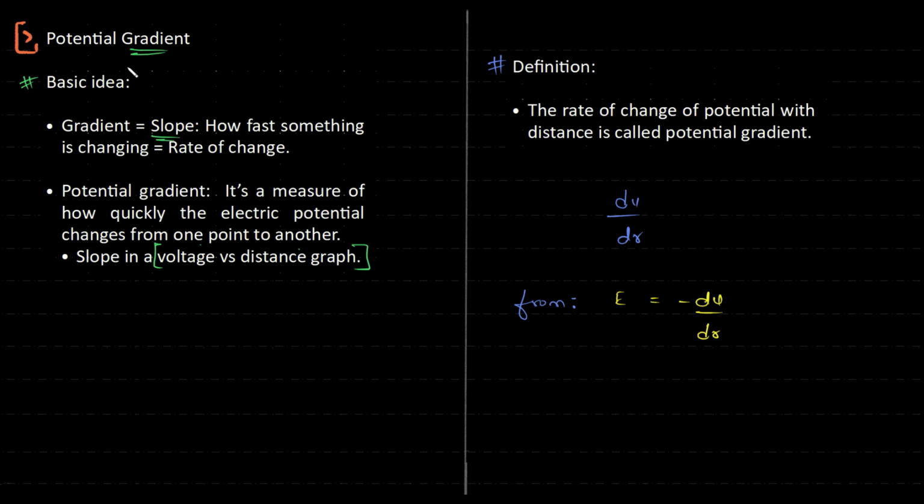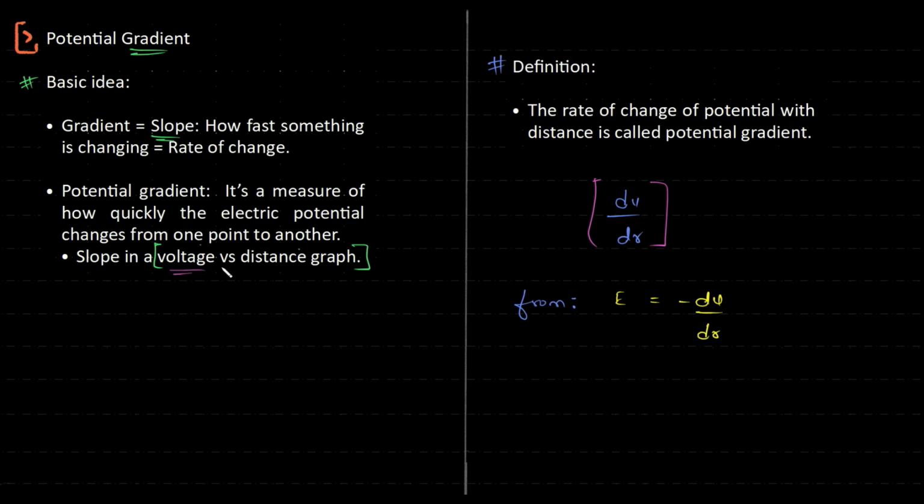So what is it that we looked at? We have seen that we can derive the electric field of a space by looking at the rate of change of voltage with respect to distance. So this has a particular term. This is nothing but your gradient, right? Gradient of what? Voltage, potential gradient.